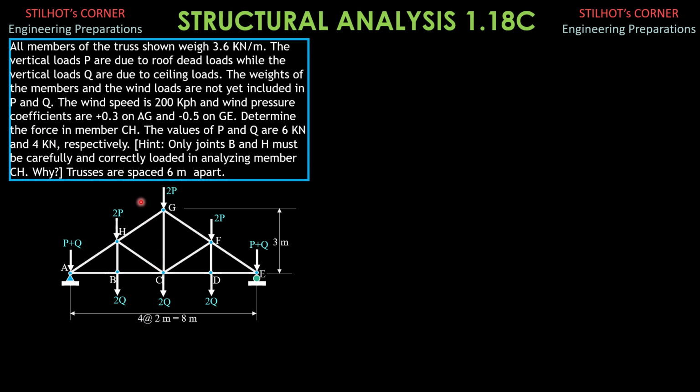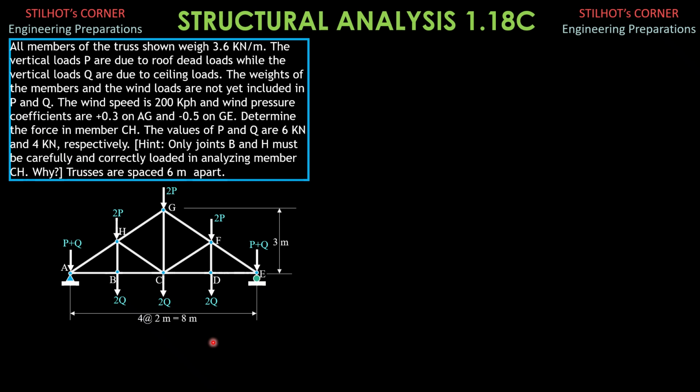It will be clear later as I consider a section here, and I consider forces to the left, and the other two unknown members will meet at A. So that's the reason why we only need to load B and H correctly and carefully.